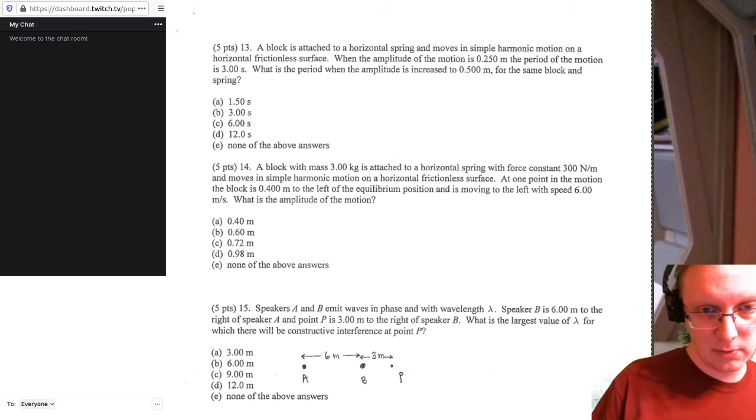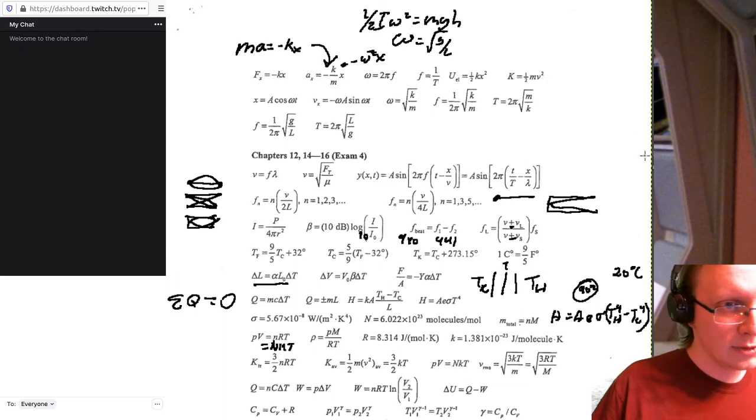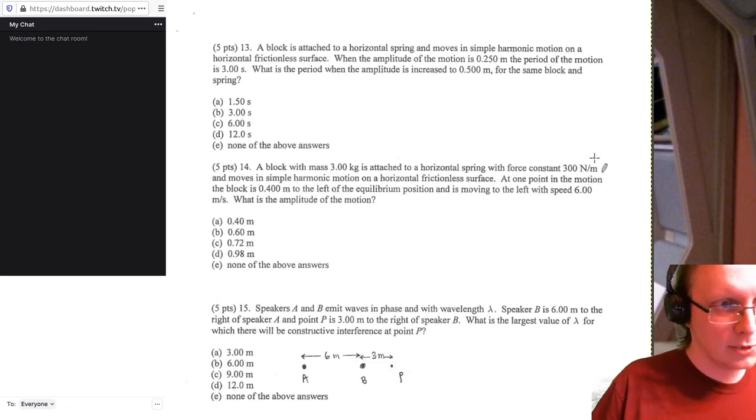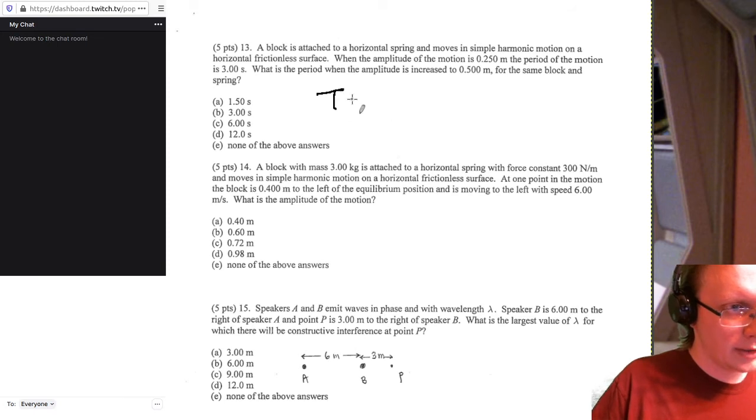All right. Well, we have a period given to us. Here we are, period: 2 pi times m and k. Period is equal to 2 pi square root of m on k.